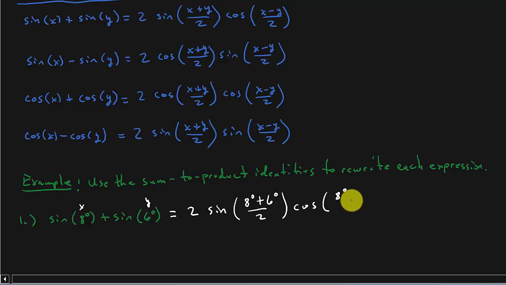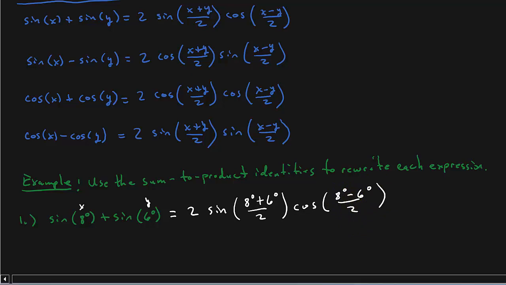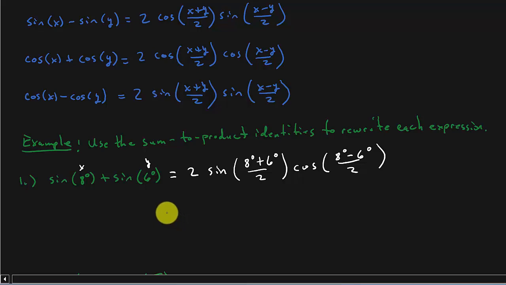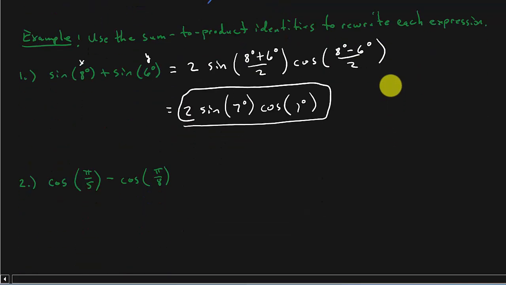Why am I adding? 8 degrees minus 6 degrees over 2. All right, so now we get 2 sine of 8 plus 6 is 14. 14 divided by 2 is 7. And then cosine of 8 minus 6 is 2. 2 divided by 2 is 1. And there's your answer.